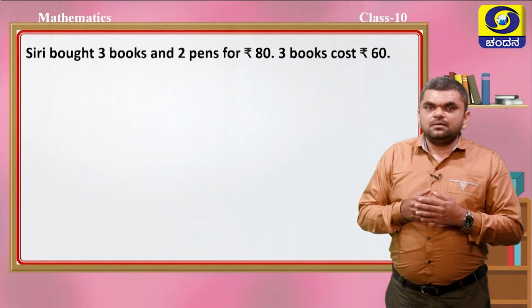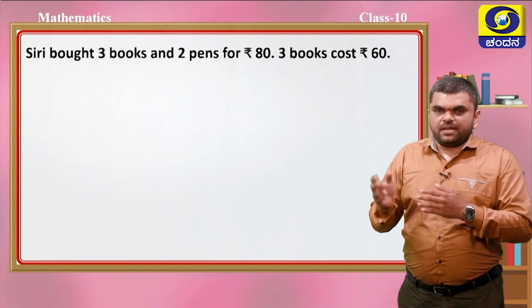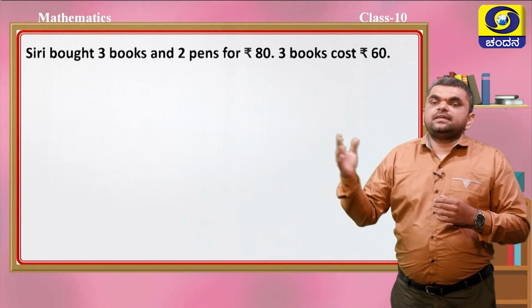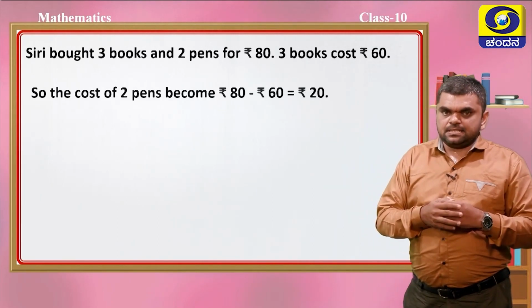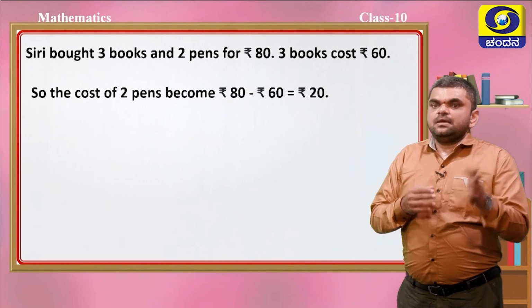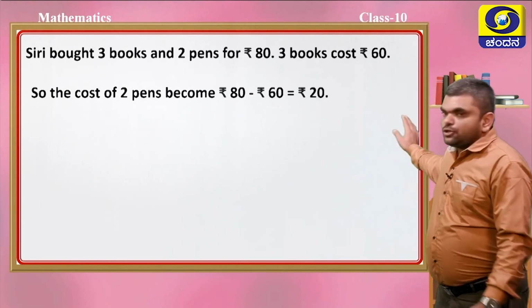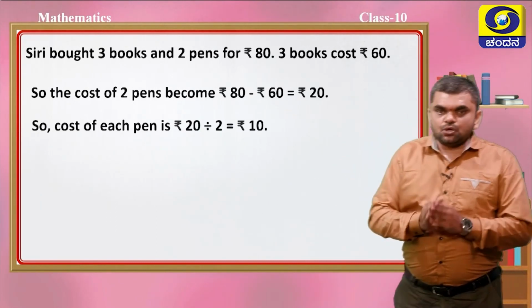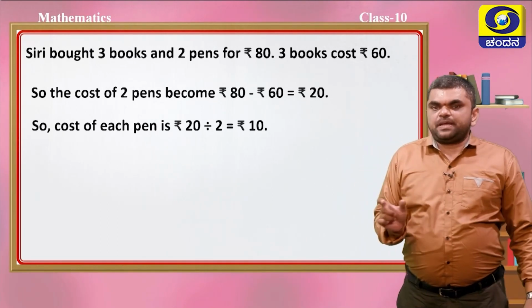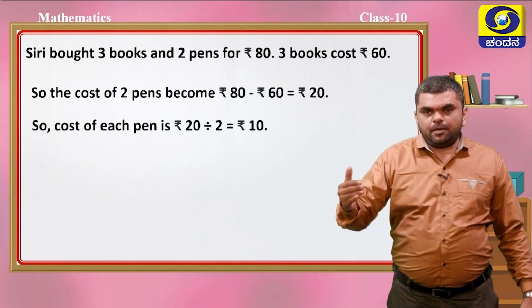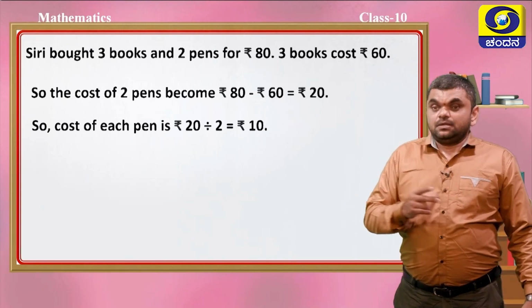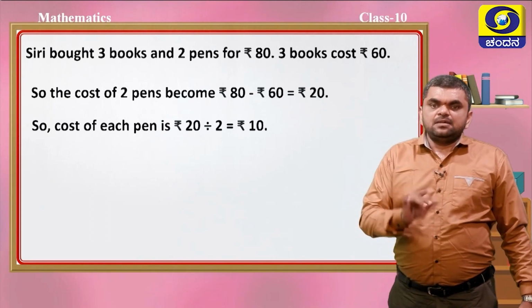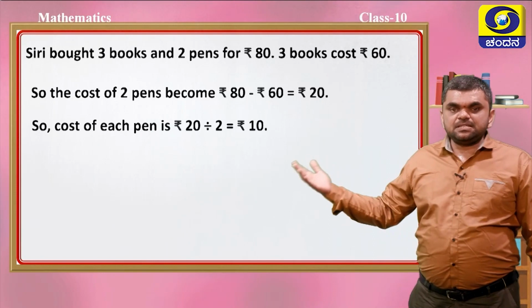so that we can easily find the cost of a pen also. Here Siri bought 3 books and 2 pens for 80. 3 books cost 60 rupees, whereas the cost of 2 pens becomes 80 minus 60, that is equal to 20, children. So the cost of each pen is equal to 20 divided by 2. That is, the cost of 2 pens is 20, whereas the cost of 1 pen is rupees 10 only.